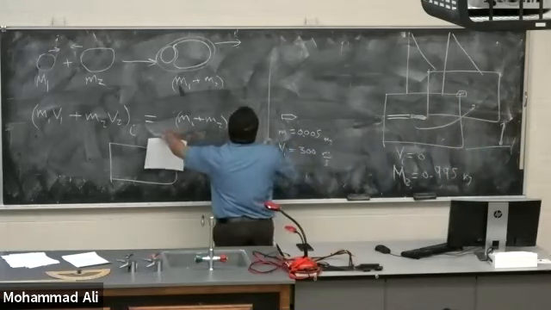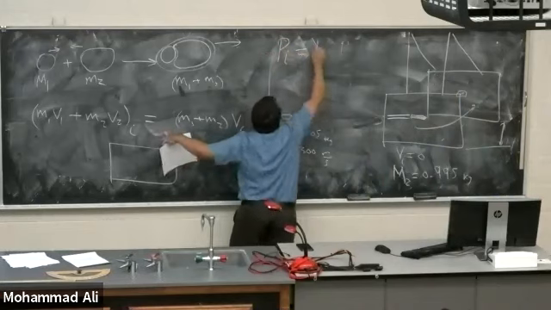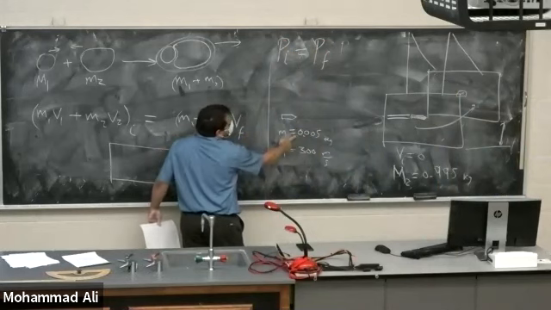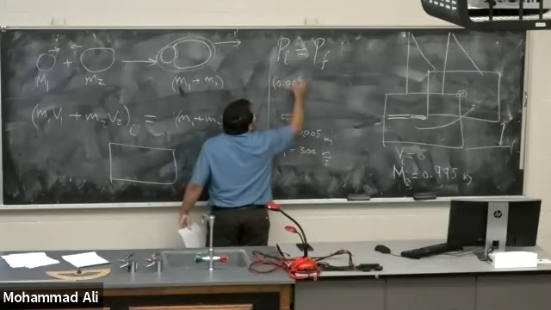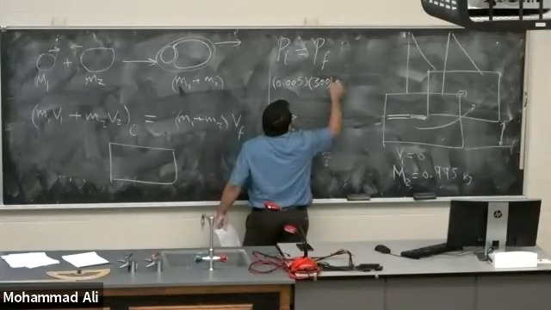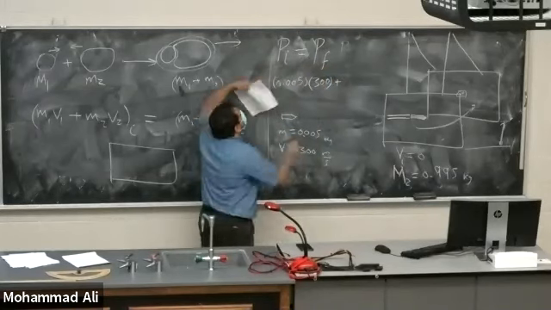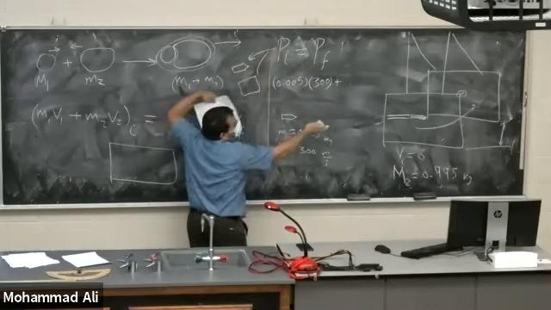By using this relation, the momentum initially is equal to the momentum finally. The momentum initially is the first mass with its velocity: 0.005 multiplied by the velocity 300, plus the second. This is the system. The system contains the bullet and the box or the block.